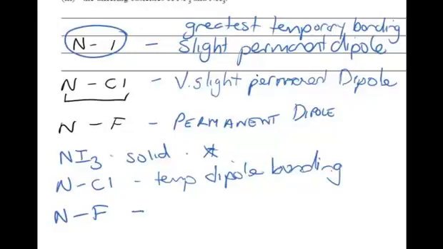So in answering this, you'd need to talk about all those things and relate it to the electronegativity. You'd need to mention the shape of this molecule, which is trigonal pyramid, and that means that the polarities don't cancel, which is why we end up with a polar molecule anyway. And that's the first part of that question.